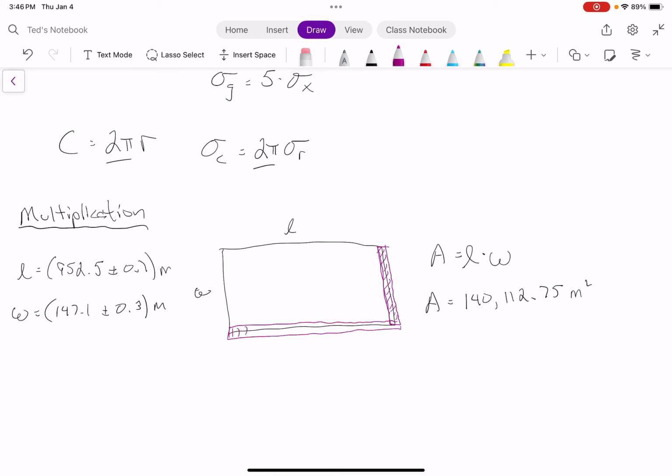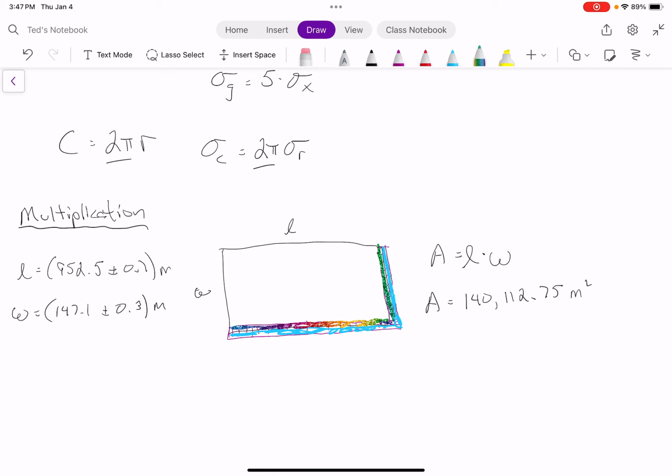And that also creates some uncertainty in our area. Our area could be a little bit bigger than 140,112, or the area could be a little bit smaller than 140,112. And we want to know how much bigger or smaller it could be.